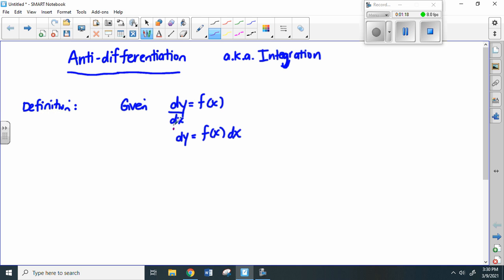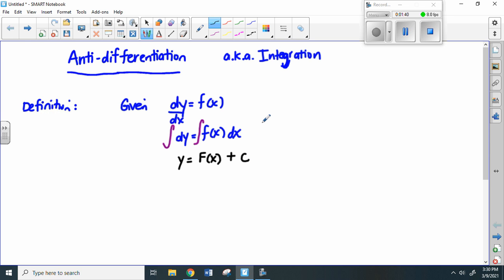You guys are familiar with the integral symbol. You're going to integrate both sides, and then you are going to get y equals some other function, we're going to call it capital F of x plus c, okay?